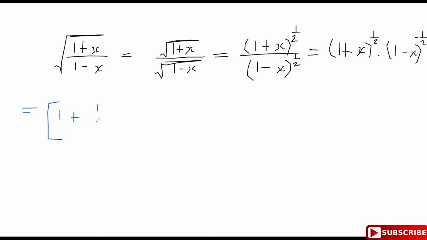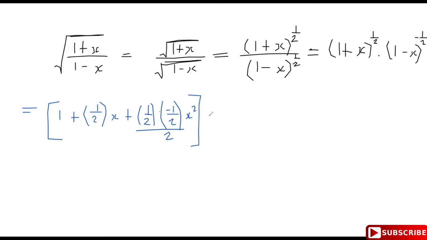So it's 1 plus a half times x, plus n times n minus 1, which is a half times minus a half, x squared over 2 factorial, which is just 2.